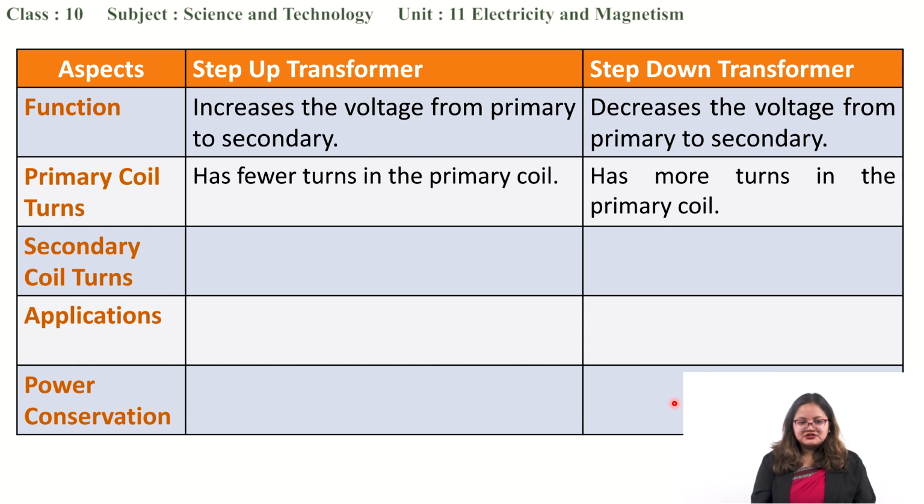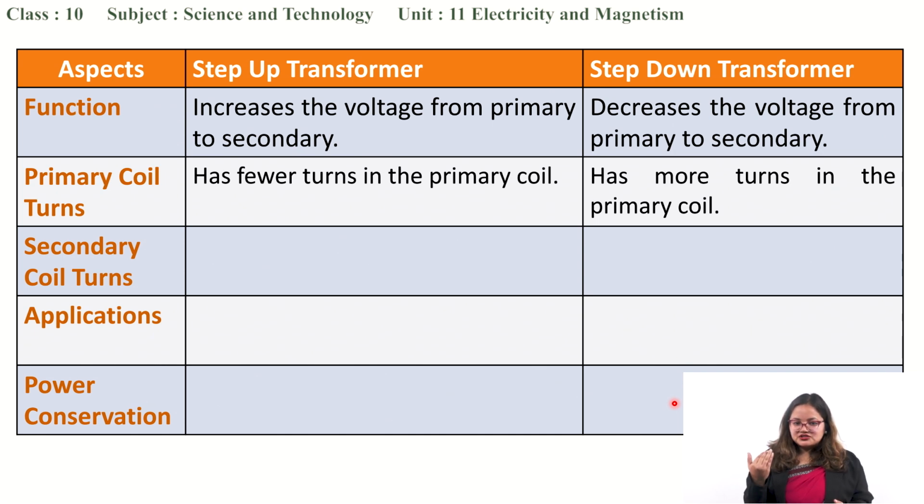Now let's talk about the secondary coil turns. Again, since the output is connected with the secondary coil, and if we are going to increase the voltage, the one connected with the output must have higher voltage. If you want higher voltage, we are going to increase the number of turns, right?